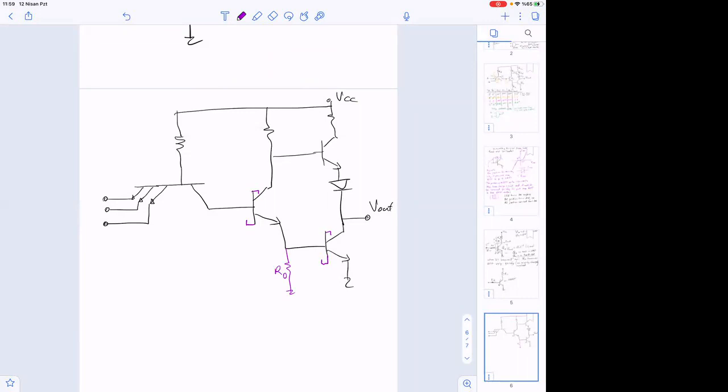And even this transistor, probably not selected to be. Maybe yes, I don't know. Okay.